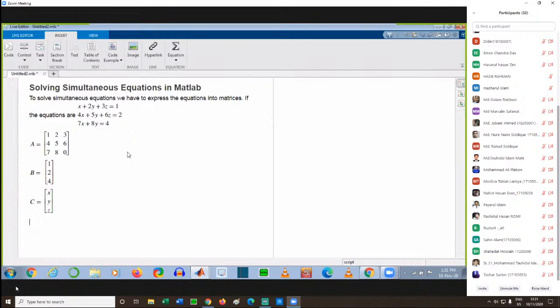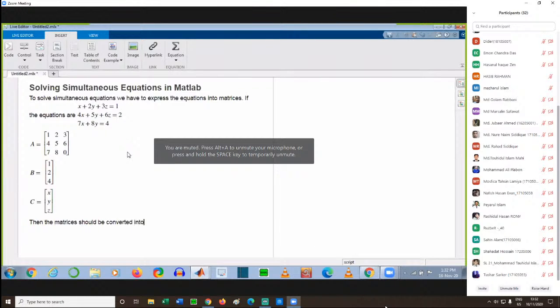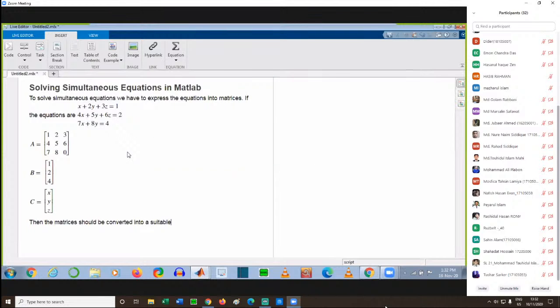Okay, so the relationship you already know. Then the matrices should be converted into a suitable function for MATLAB.